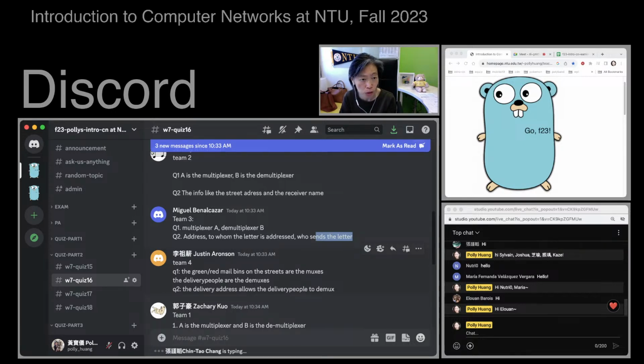Guys, I don't know about you, but I'm really fed up with the spam letters and ads in my mailbox. My mailbox burst a few times because of these ads. If the mail ladies or mailmen did connection-oriented demultiplexing, then these spams would be filtered out because they come from unaccepted, unknown sources.